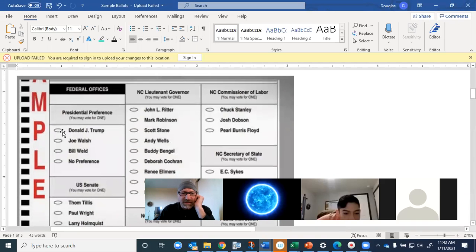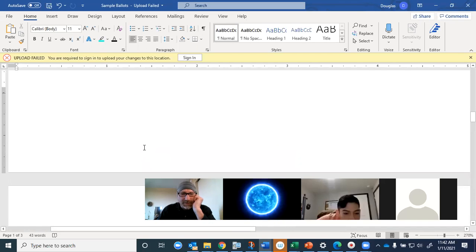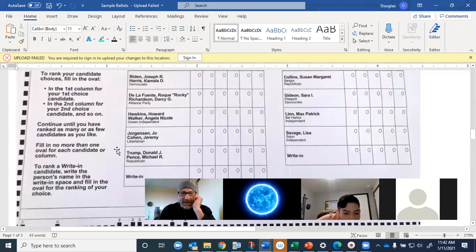All you do is fill in the one mark for whoever you want. If you're a registered Republican, you vote for your favorite, and you put a black dot on the one person you want, which is how we do it in Washington. That's how a regular ballot works. This is a plurality ballot. You don't have to have a majority because there are multiple candidates.